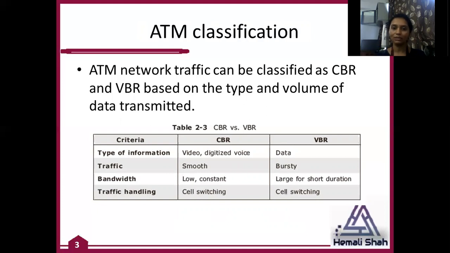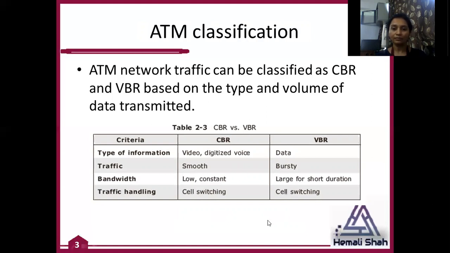At that time it uses CBR traffic, constant, but you need low bandwidth. But whenever you want to send data, you need a large bandwidth for a short duration, because you want to send some number of bytes, but very fast.